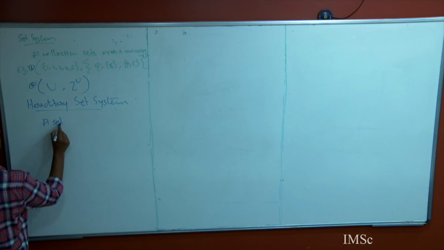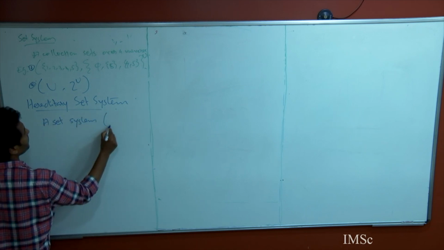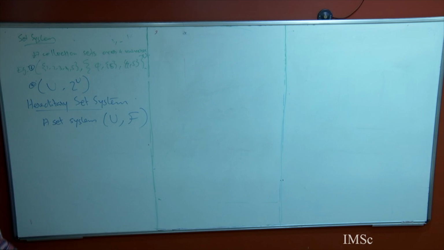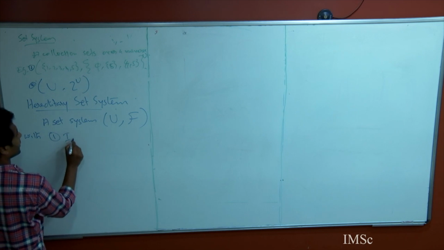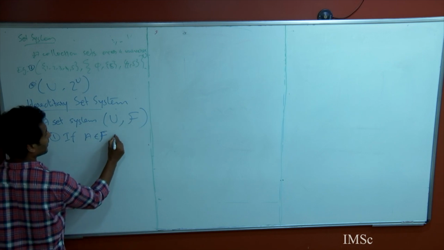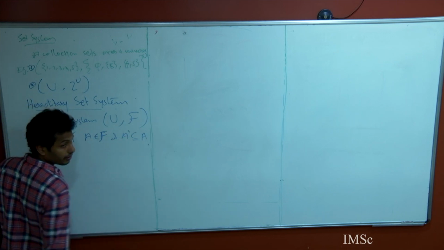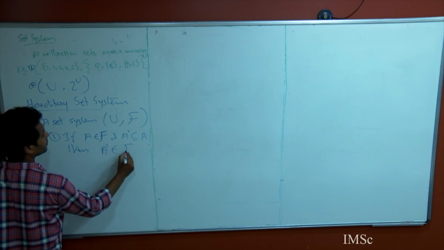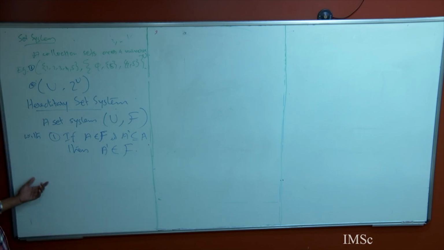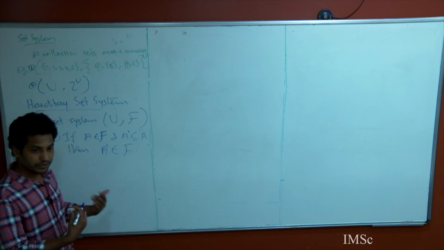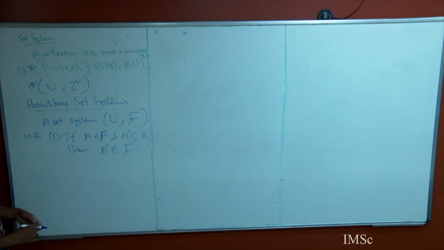A set system (U, F) with the following property: if a set A belonging to F, and A prime is a subset of A, then A prime belongs to F. If the set contains at least one element, then the empty set will be there, because the empty set is a subset of any set.